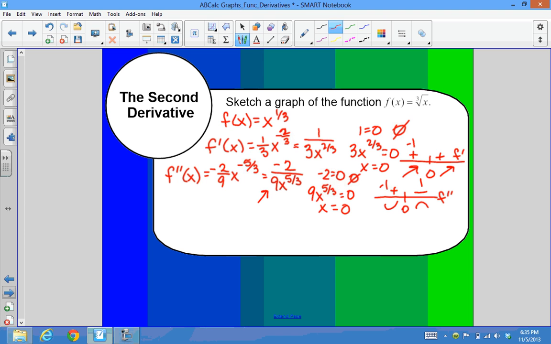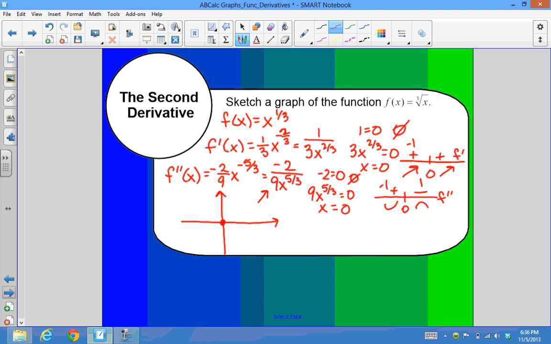So when I start to graph this, the only critical point that I've got is this 0 right there. I know that it is increasing on either side, but it's not going to be a line. I've got x to the 1/3, and I don't know exactly what that looks like, but it's not going to be a line because of my concavity.